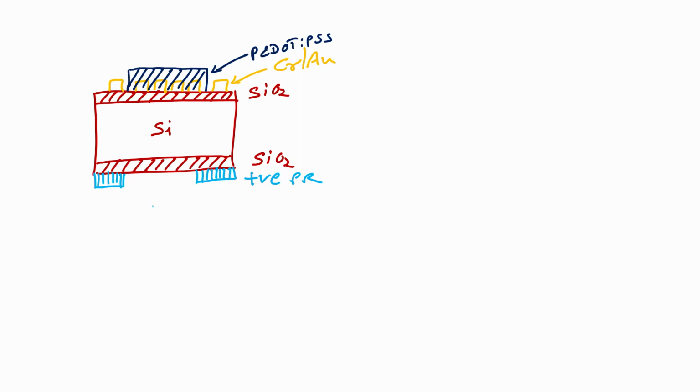After that, I will etch silicon dioxide by dipping the wafer in buffer hydrofluoric acid, all right. So, when I dip the wafer in buffer hydrofluoric acid, what will happen?